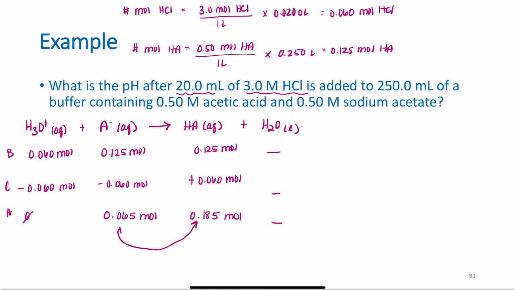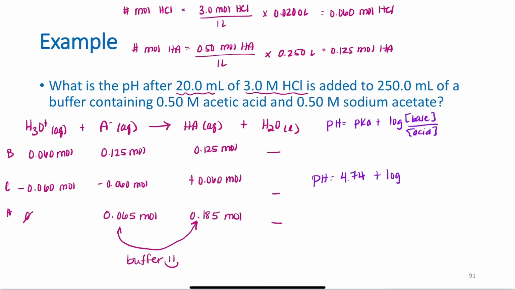I've got both weak acid and its conjugate base, so I've got a buffer. So I'm going to use Henderson-Hasselbalch. pH equals pKa plus the log of the base over the acid. Again, you don't have to. You can set up a RICE chart if you'd like to. I just don't prefer it. pH is equal to 4.74 plus the log.